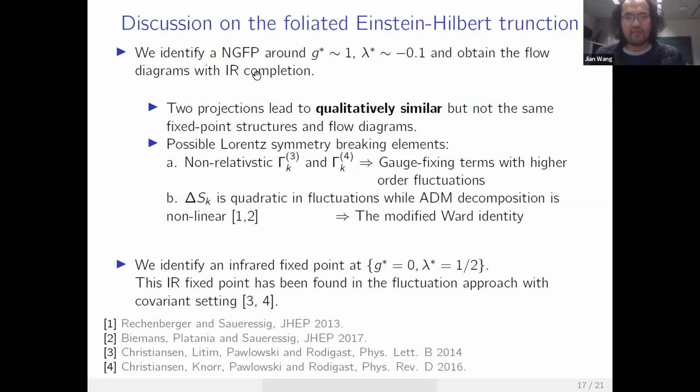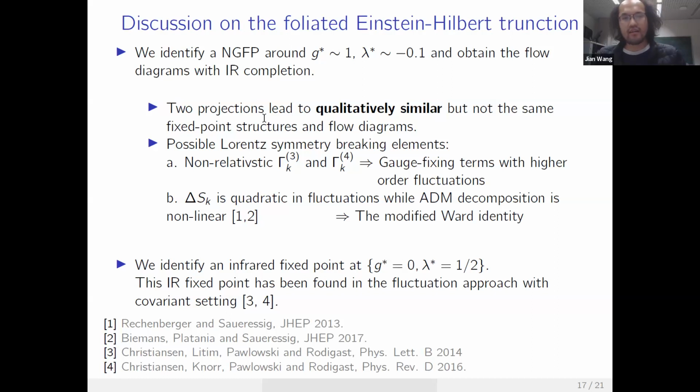So from the fixed point structure in the flow diagram, we see that indeed those two projection methods lead to qualitatively similar results. That means our gauge fixing method with quadratic fluctuation can be regarded as a good approximation. But the results are still not exactly the same.